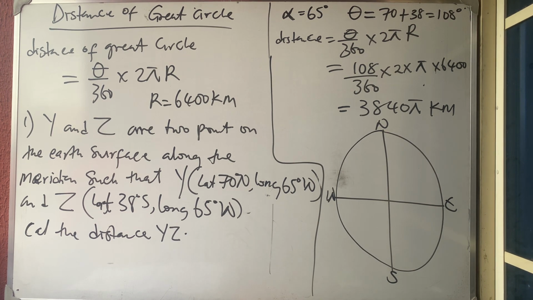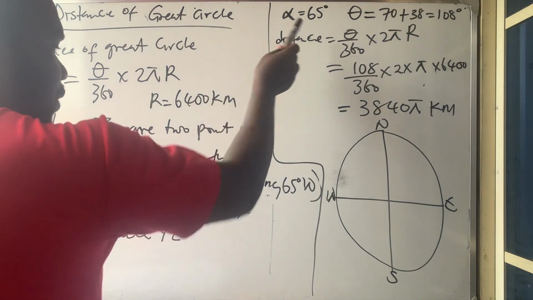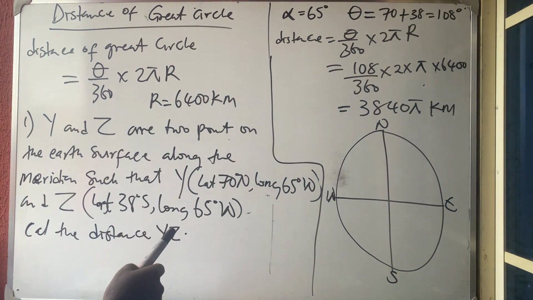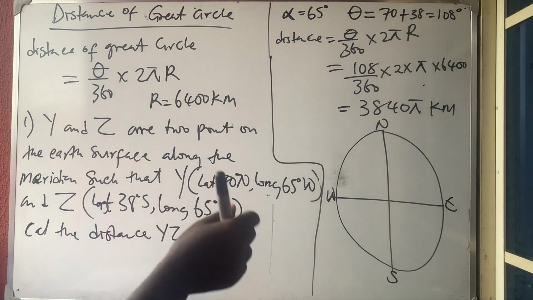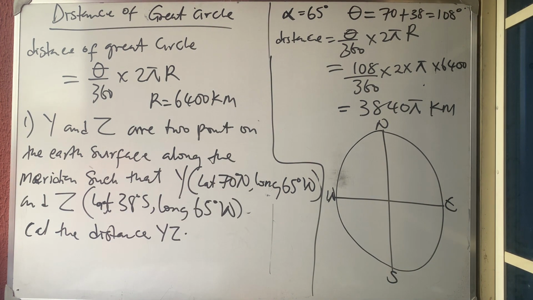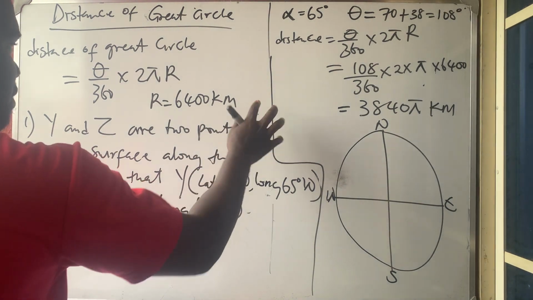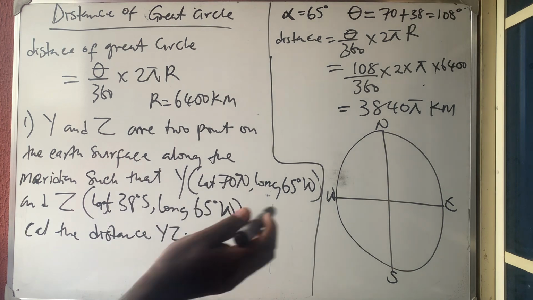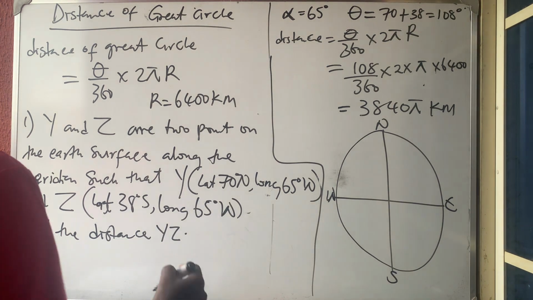Just know that if the longitudes are the same, then the distance must be on the great circle. Yes, very, very important. If your alpha is gotten from the longitude, that is, if the longitudes are the same, then it is distance on the great circle. But if the latitude is the same, then it is distance on the small circle. But let us draw it so that we understand it better.